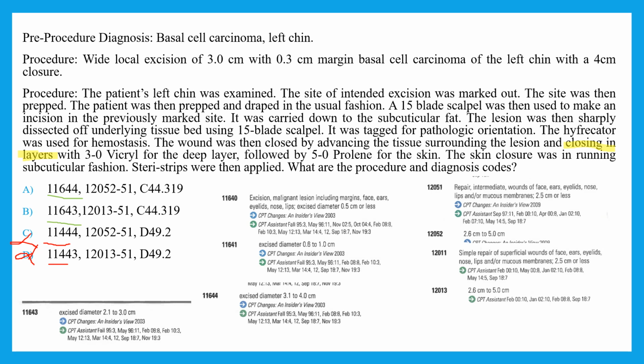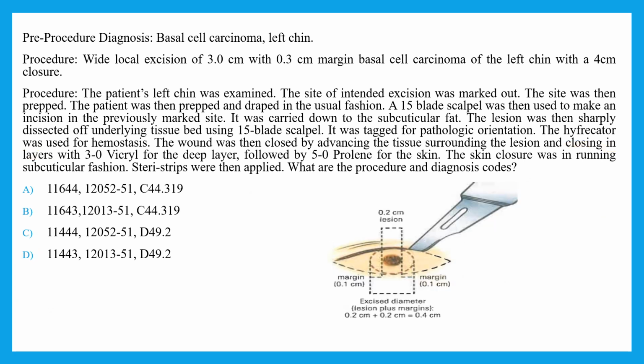To calculate that, I will show you. See here in the diagram, the lesion is 0.2 centimeter, but the margin is 0.1 centimeter on this side and 0.1 centimeter on this side.